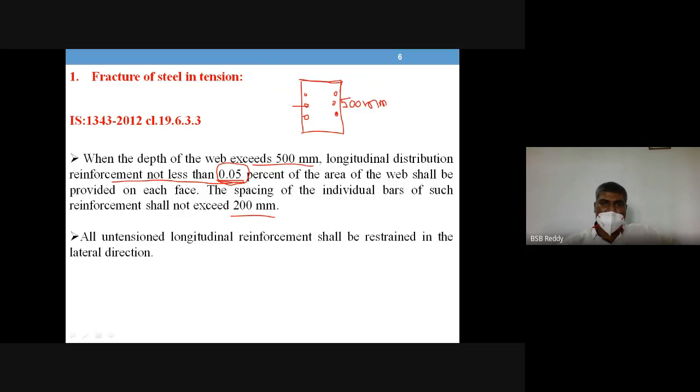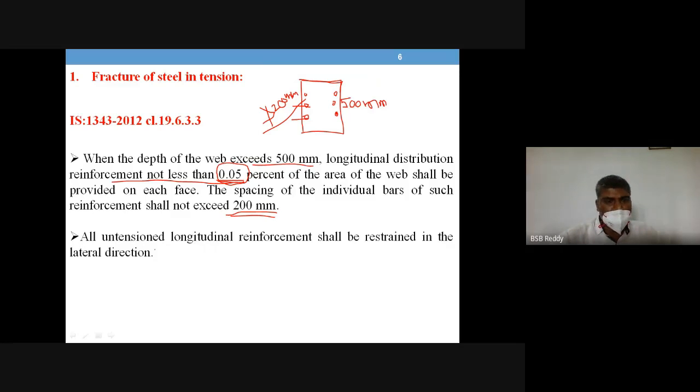So even the spacing cannot be more than 200 mm. So whatever steel you design, this shall be the guiding principle. 0.05% steel shall be provided, and you shall see that the spacing shall not exceed 200 mm.